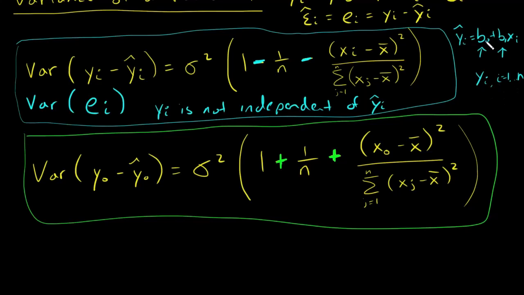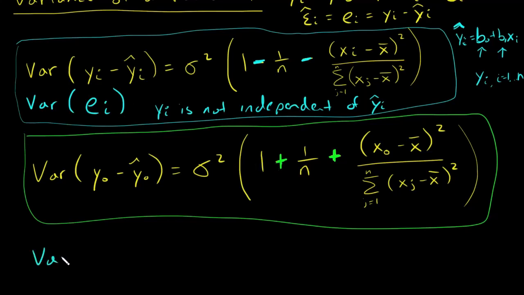You'll need all of the i's. Basically, you plug in all of your y data and all of your x data when you are calculating these least squares estimates of beta. Because you're using yi to calculate yi hat, you're using the observed value to calculate the predicted value, these are not independent of each other.